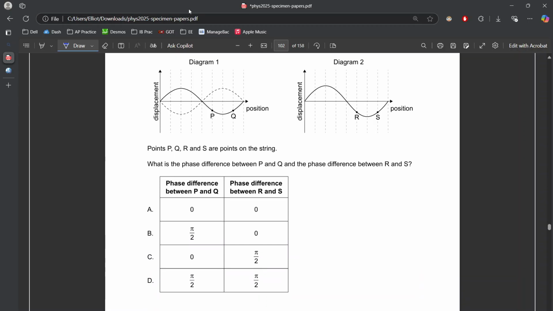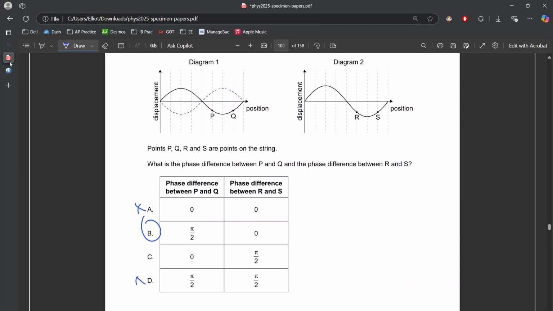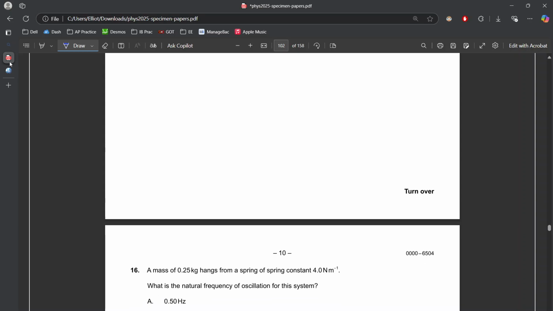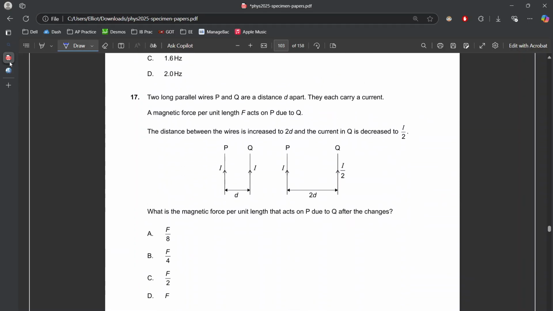My gut is telling me it's going to be one or the other. It's not going to be both. But because I don't know, I'm going to take a guess and we're going to check the answer so we can move on to something I do know. I can't explain it. Let's say this one. C. Oh, that was close. It was the only other option. I'll review that one on my own time.